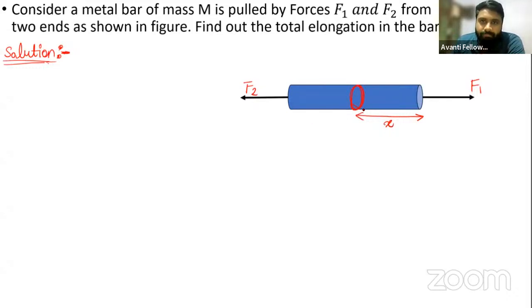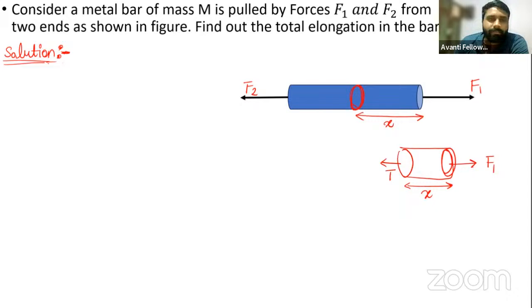I assume that the tension developed at this section would be T. So I can draw it like this: this is of length x, this is F1, and this is T. Now, let the acceleration of this bar be A. Because F1 is greater than F2, the net force is in the direction of F1.